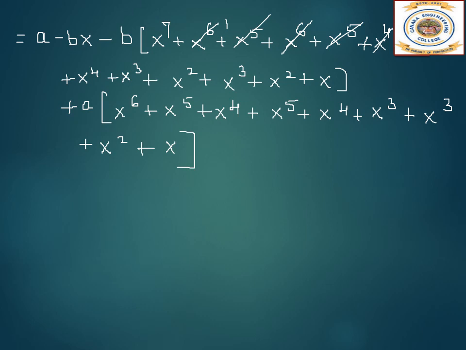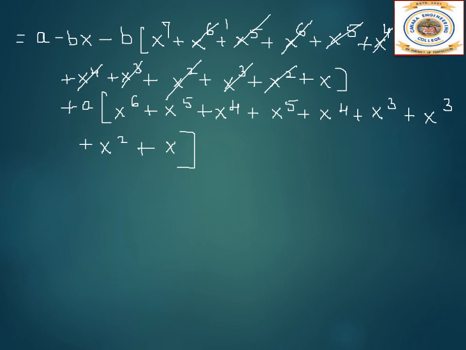Again x to the power 4 and x to the power 4, I get 0. Then x cube and x cube, I get 0. x square plus x square, I get 2x square, so I get 0. That is why I cancelled it over here. It's not that I am just subtracting it.